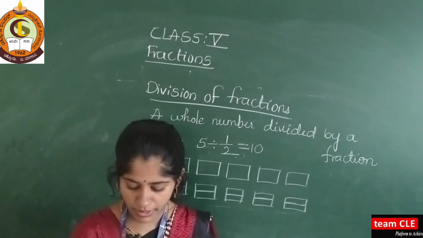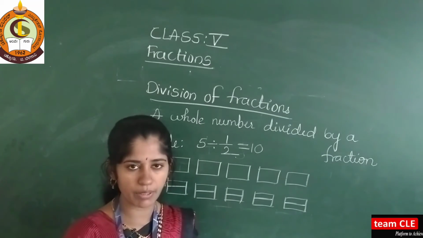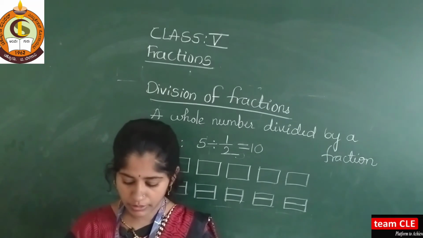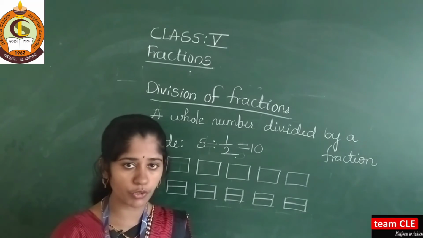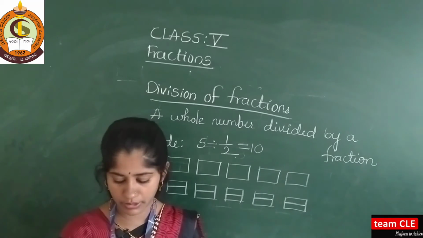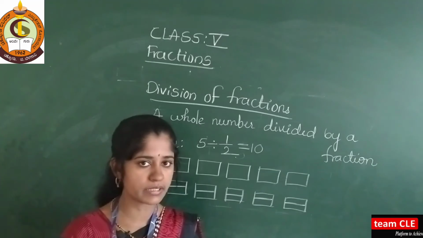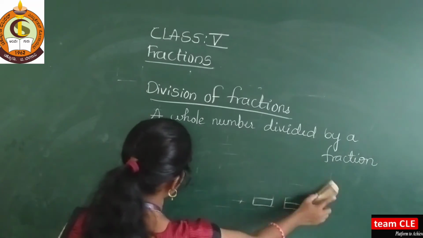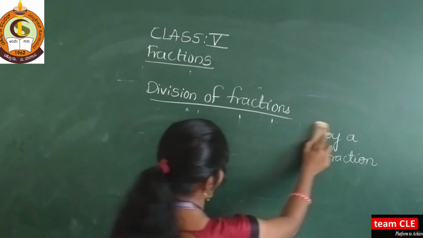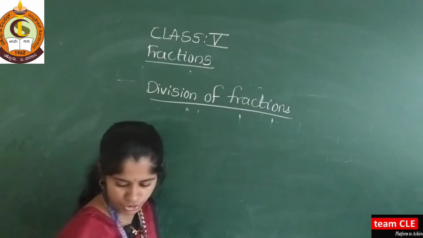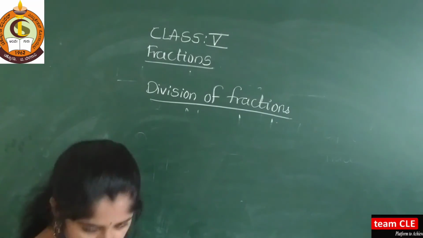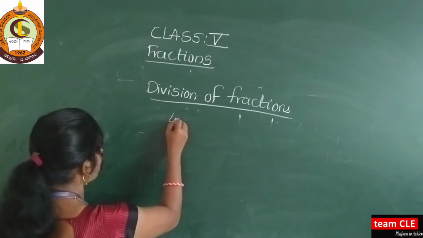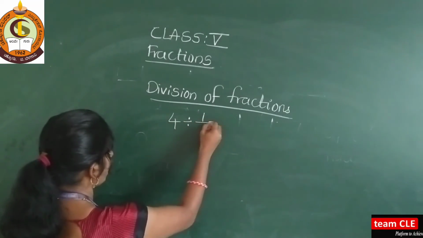Dear students, here there are 5 examples in total. Among them I have solved 3 to 4, and the remaining one you do as homework and send it to my number. Okay, one more question will come: find the quotient, divide the following. 4 divided by 1 by 4.